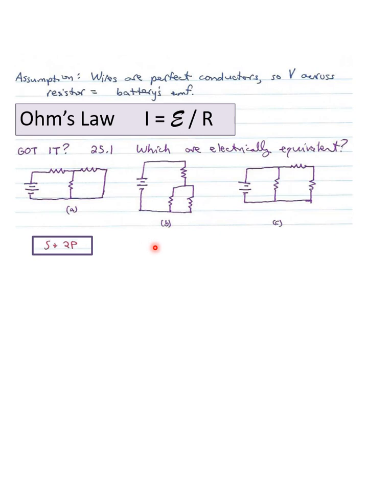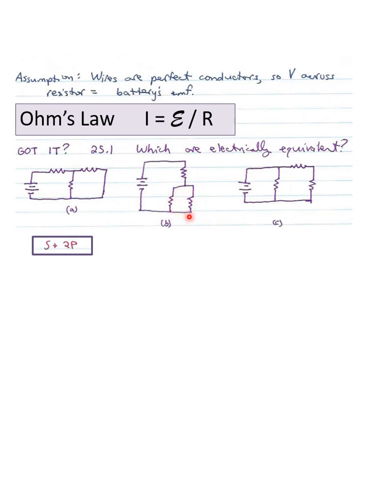Now let's look at this second one. We start at the positive voltage, and remember that's always when we have long, short, we'll start with the long, that's the positive terminal, so that's where the positive current will start, and it'll go around the circuit, go through a resistor, and then it will go through these two that are in parallel to each other.